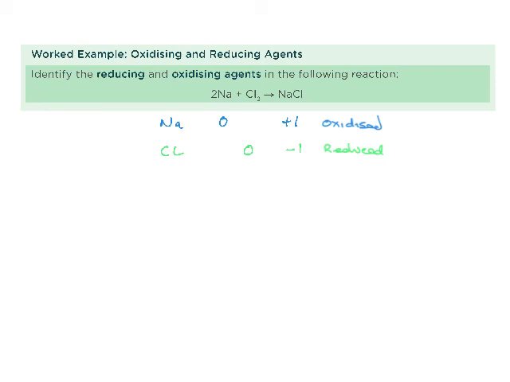So from this, because the sodium is itself oxidized and it's causing the reduction of the chlorine, the sodium would be the reducing agent, and the chlorine, because it's reduced and causes oxidation in the sodium, the chlorine is the oxidizing agent.